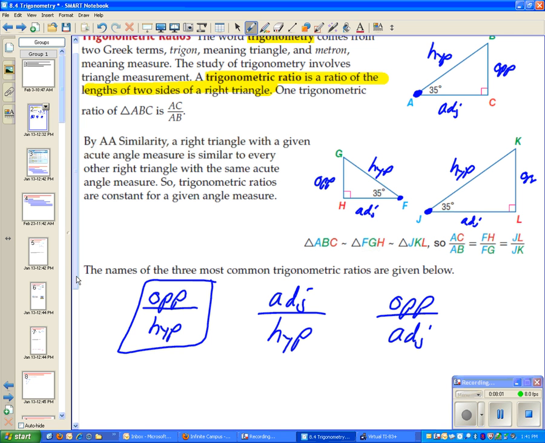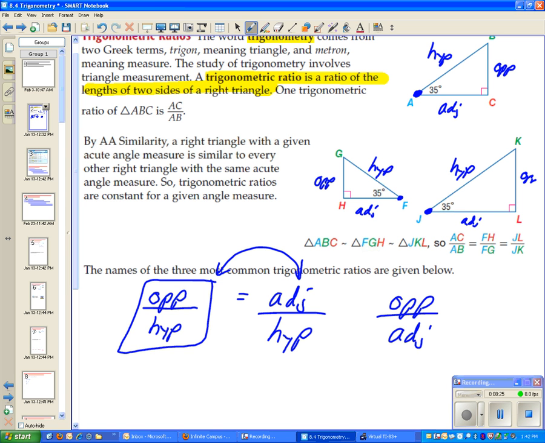So, every time we've got a 35-degree angle, we don't have to redraw the triangles and start figuring out sides. Those ratios of opposite to hypotenuse, that's the same for every 35 degrees. The ratio of adjacent to hypotenuse is the same for every 35 degrees. Now, I'm not saying that that ratio equals that one.